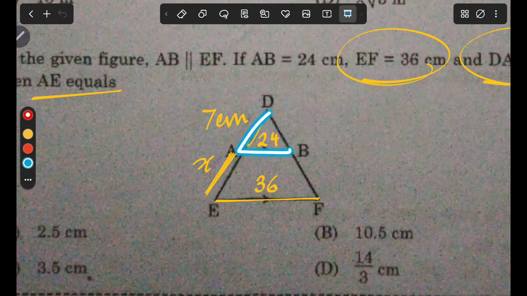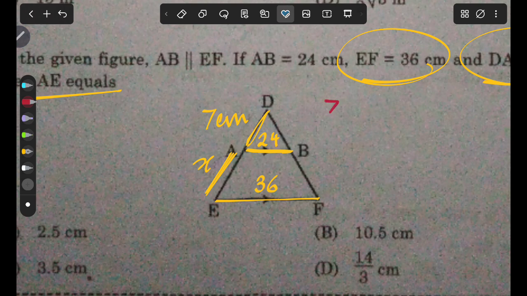So simply you can look over here. This triangle is similar to this triangle. Why? Because of this common angle, and since AB is parallel to EF, this angle will be equal to this as corresponding angles. So these two triangles are similar, and the sides are going to be proportional.